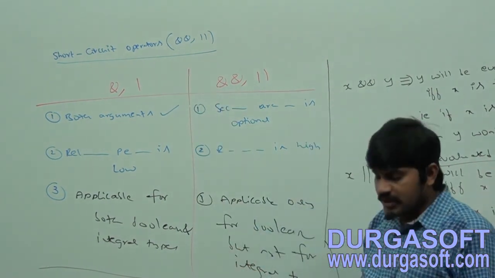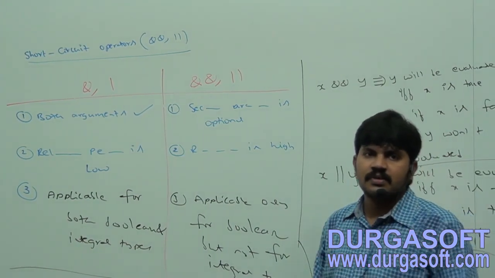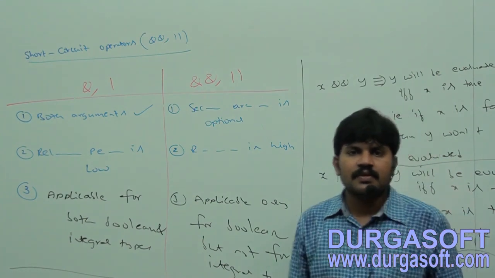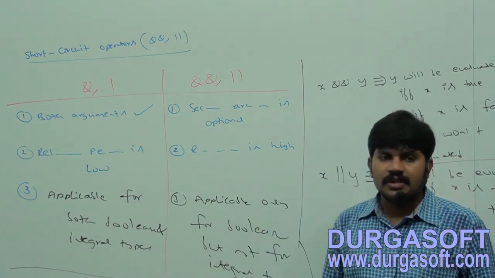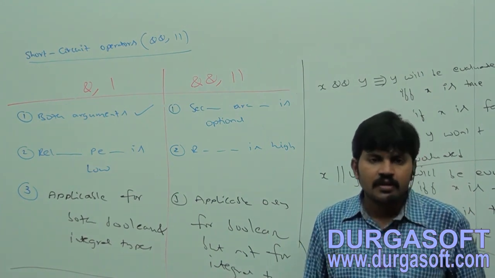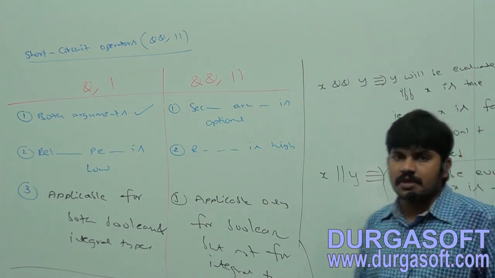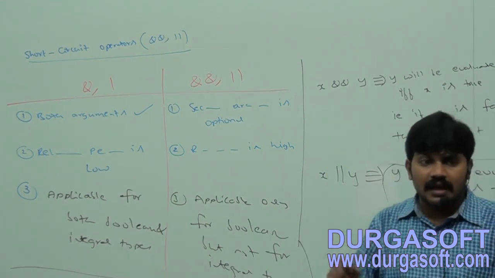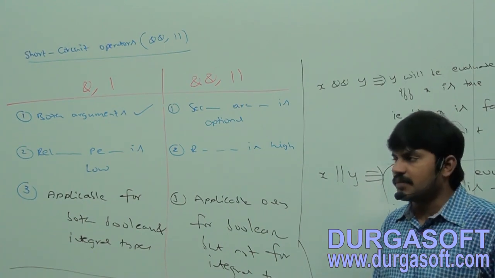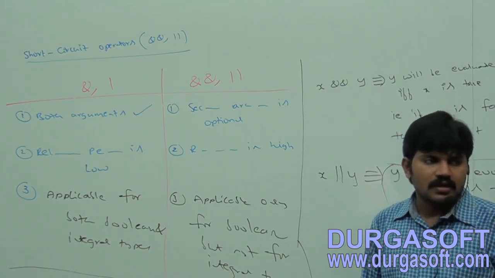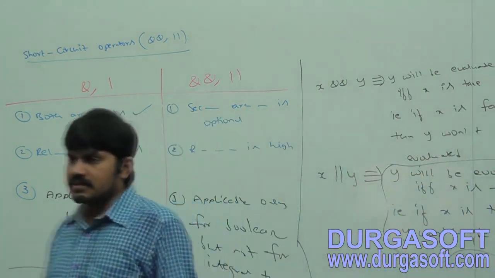I hope you took this one under the tab. These are exactly the same as bitwise operators, within brackets AND and OR, normal AND and normal OR, except for the following differences.